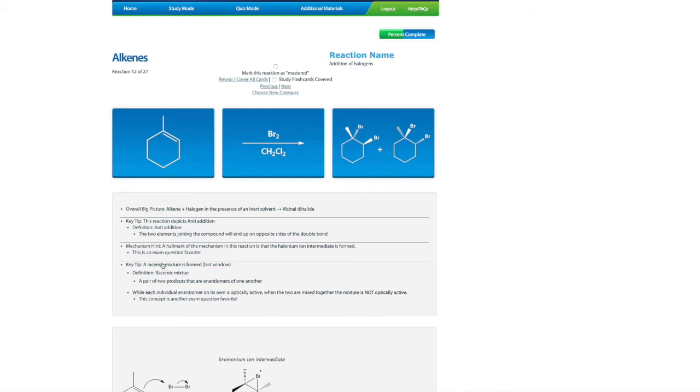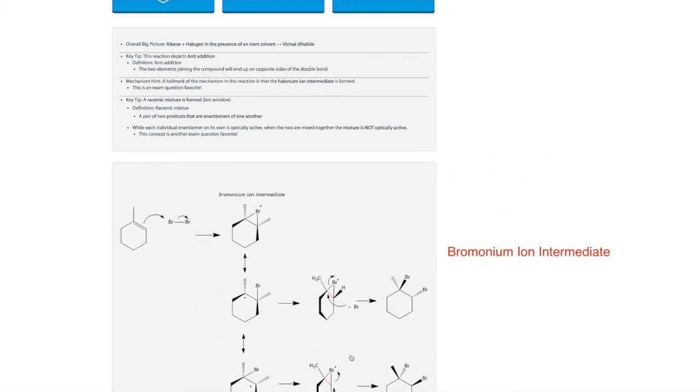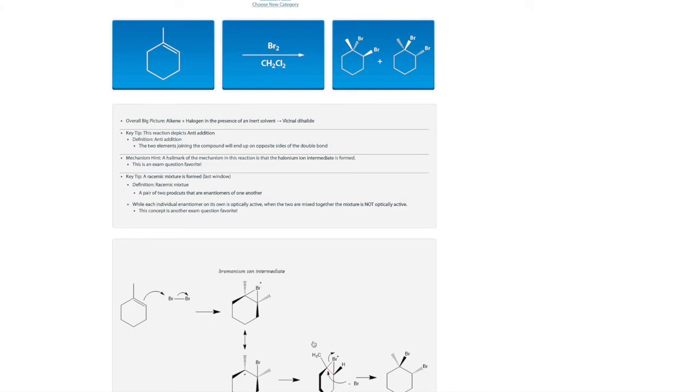The second major hint for this mechanism is going to be the formation of the bromonium ion intermediate. If you do not write this down on the exam, you will lose major points because it's the bromonium ion that's attacked, either when the bromine anion attacks at carbon number 1 or carbon number 2. This leads to a common intermediate that explains how you get both products.